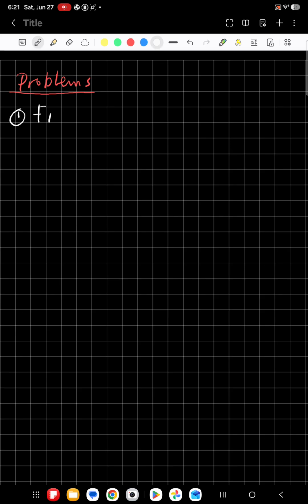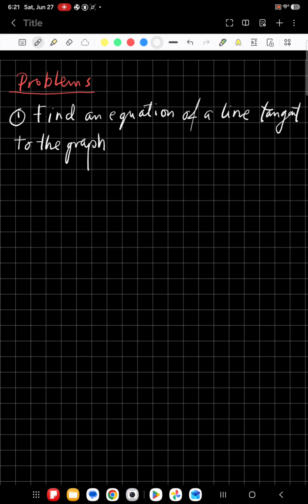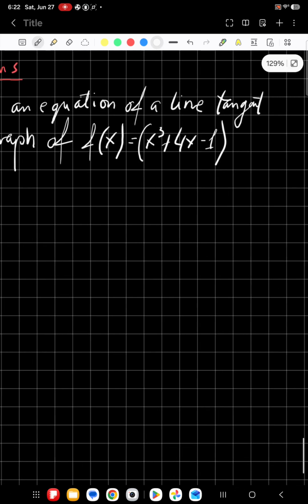The first one is finding the equation of a line. Find an equation of a line tangent to the graph of f of x, x cubed plus 4x minus 1, times x minus 2, at 1, negative 4.